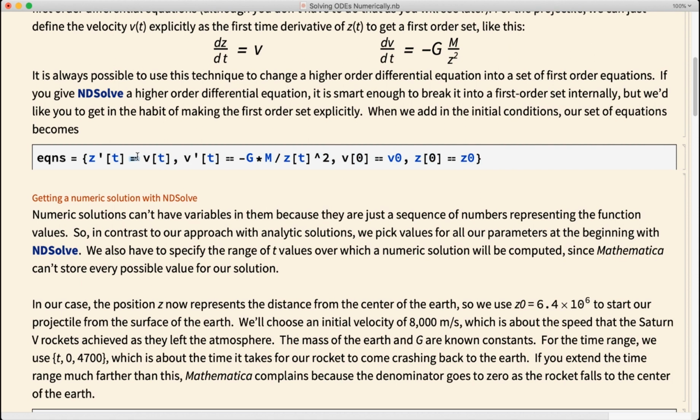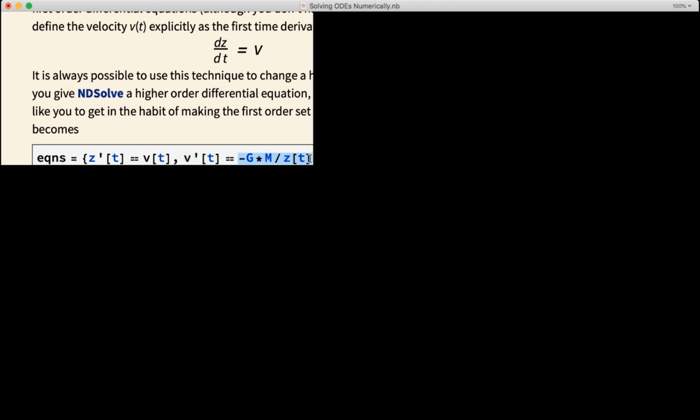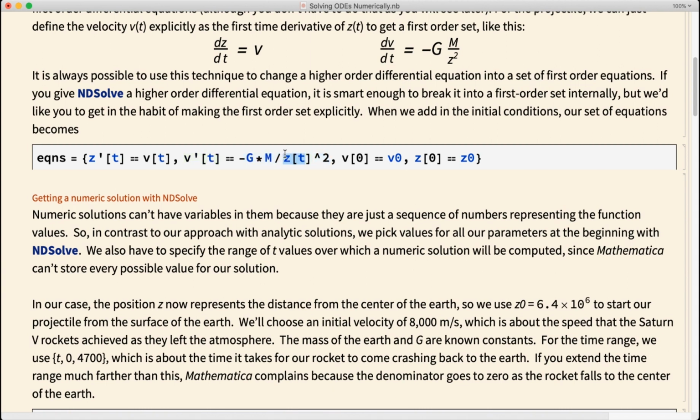It's more like a condition: this thing is equal to this thing. It's like a logical statement. So the first order derivative of z with respect to time is equal to v. The first order derivative of v with respect to time is equal to all of this. Notice that they are related to one another in some way. That's in here too.